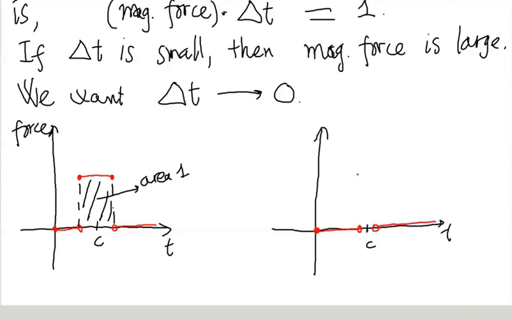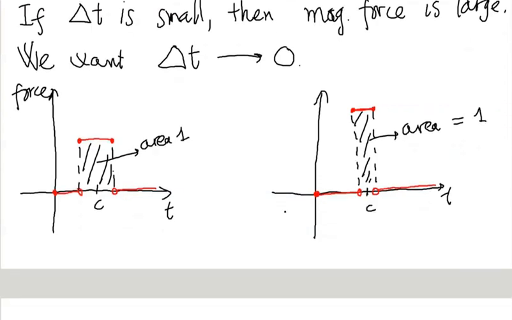Then to make sure that the area is still 1, the height should be higher, and so the magnitude of the force should be higher, to guarantee that the area is still 1. So when delta t goes to 0, the force is very high, it goes to infinity.